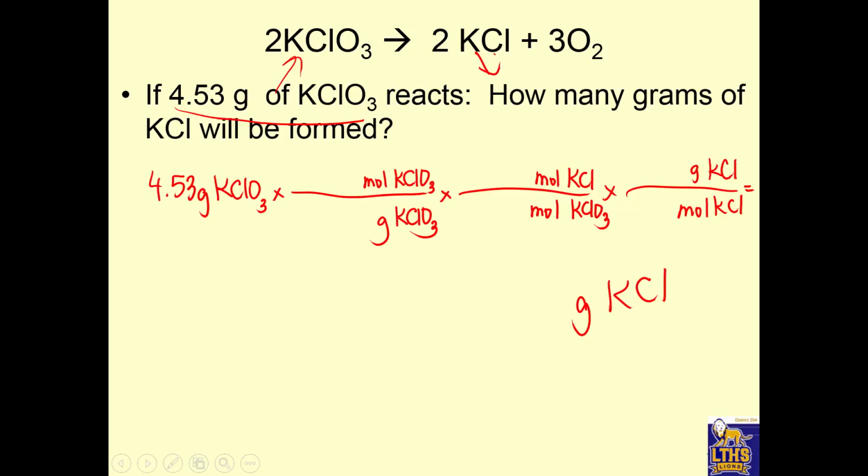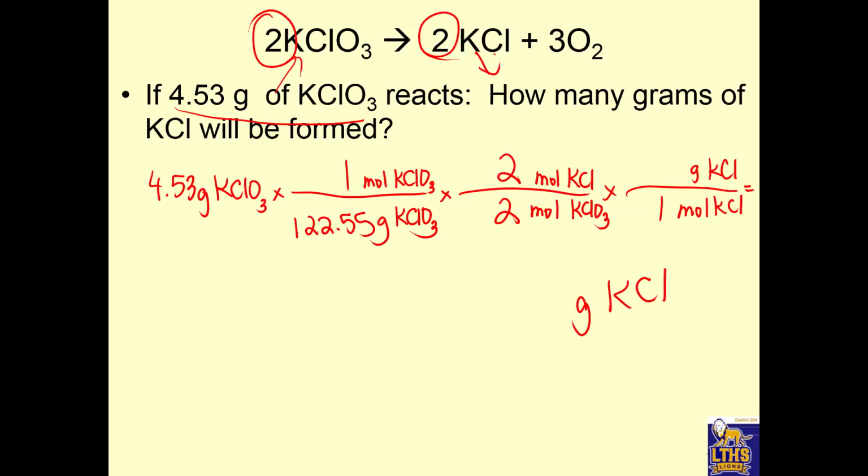All right, so numbers. Anytime it's moles and grams, the chemical identity is the same. 1 mole equals grams from the periodic table. Anytime it's one kind of mole and another kind of mole, the numbers have to come from the coefficients. So there's a 2 right there, and a 2 right there, KClO3 and KCl.